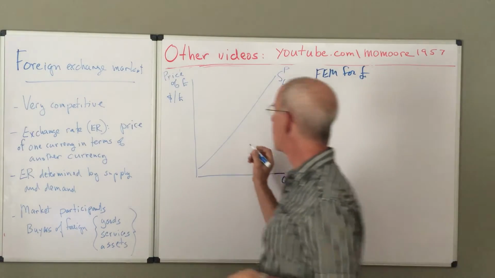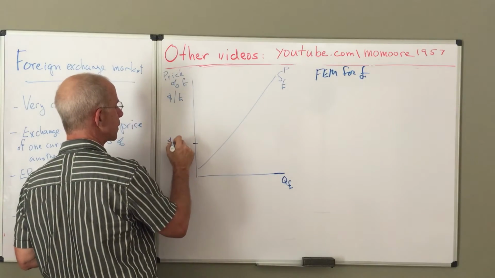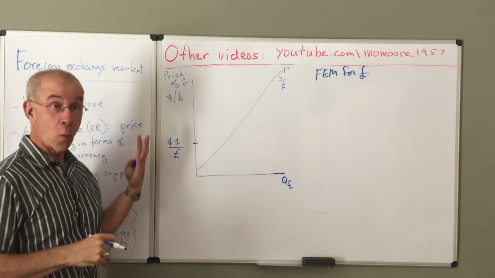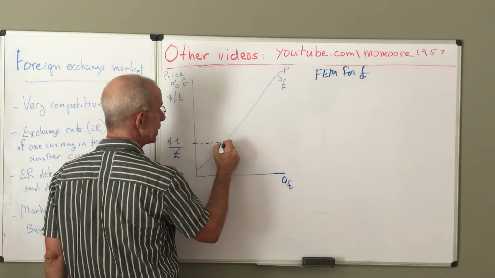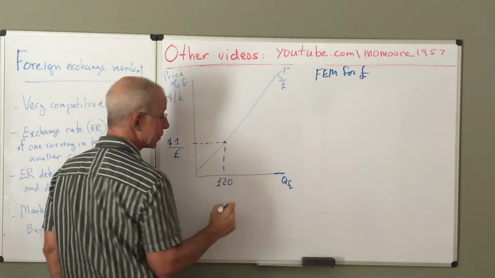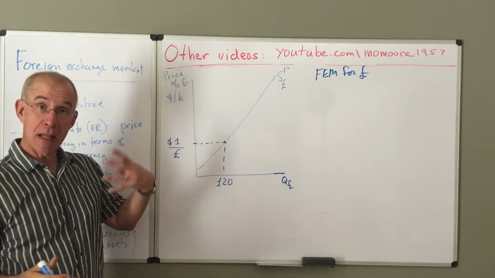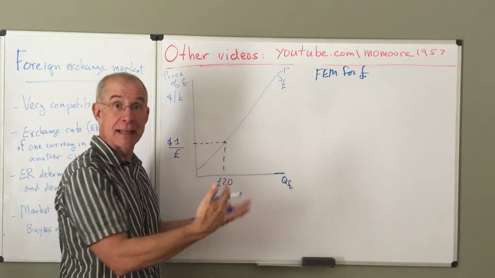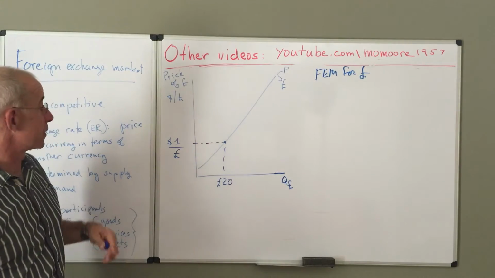Okay, so I want to just pull out a couple of numbers here. For example, let's say that at $1 per pound, there are 20 pounds, or 20 billion, or 20 trillion pounds that would be supplied by British citizens coming to the foreign exchange market to get dollars in order to buy American goods, services, and assets.